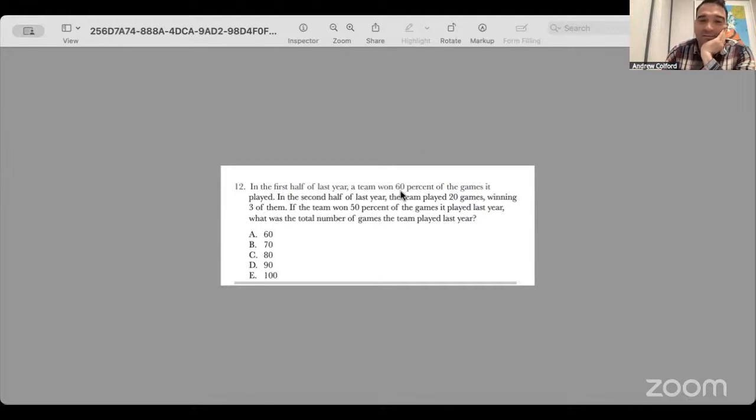In the first half of last year, the team won 60% of the games that it played. I don't know how many games they played in the first half of last year, right?